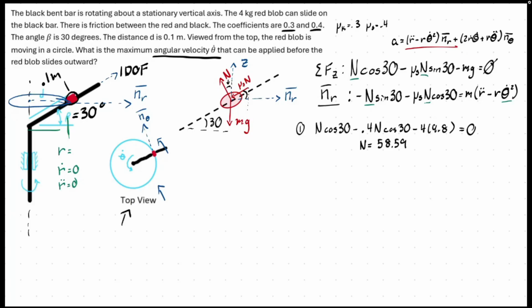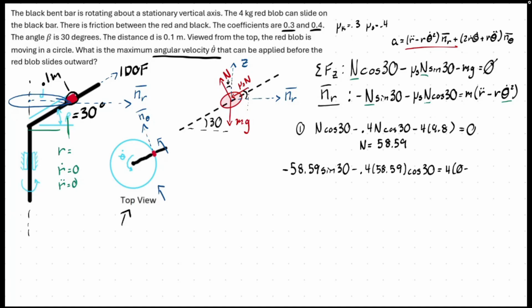All right, so we can actually just start writing stuff in. So negative 58.59 sine of 30 minus 0.4 times 58.59 cosine of 30 equals our mass, which was 4, times our r double dot, which we said was 0, so 0 value there, minus our r value.